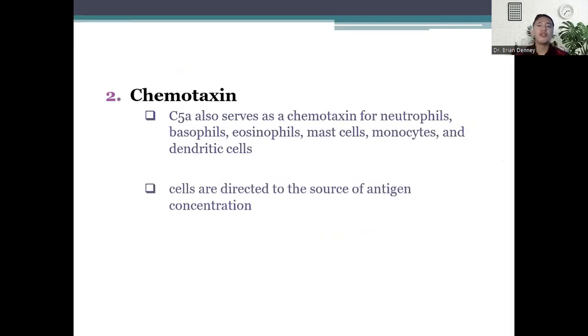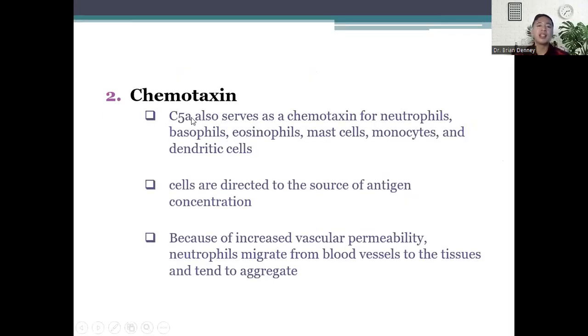Next, we have chemotaxin. So your C5a serves as a chemotaxin. You learned this from your innate immune system lecture that your chemotaxin induces chemotaxis. Chemotaxis is when your neutrophils and other phagocytes move near to the source of your antigen for phagocytosis.